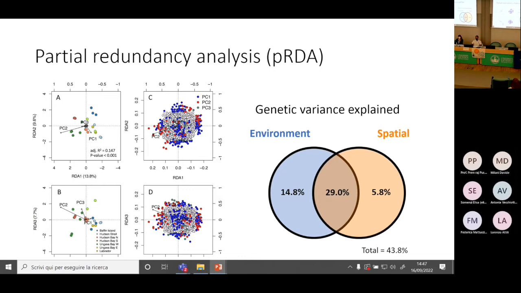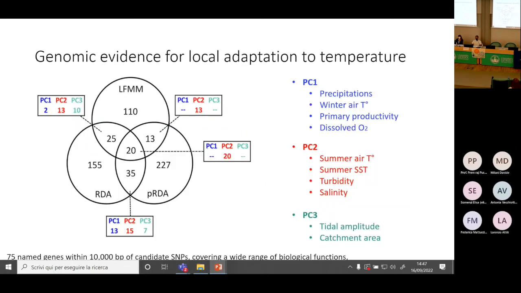But we still wanted to include both the RDA and the partial RDA, and we compared the outliers that we found. And we gave more weight to the outliers that were found by multiple gene environment association methods.